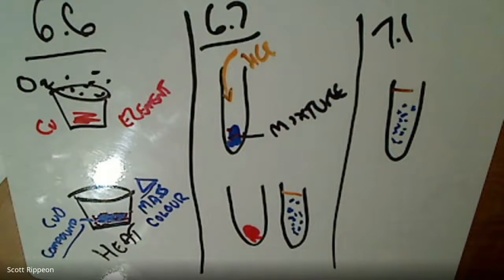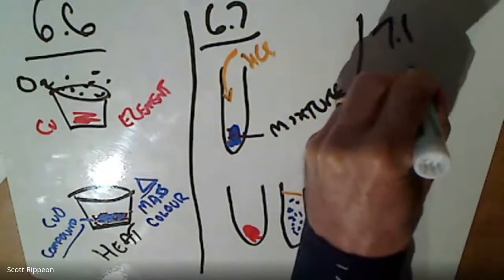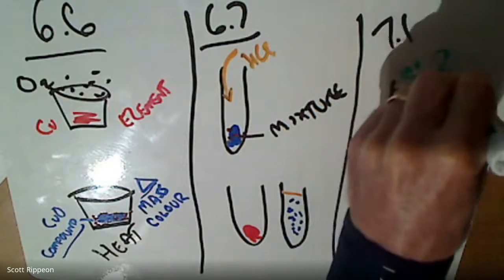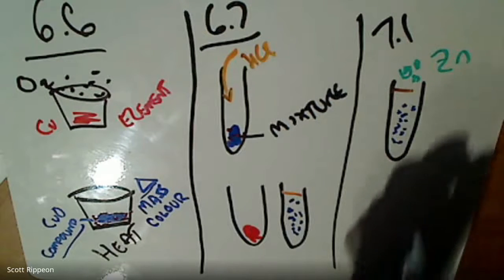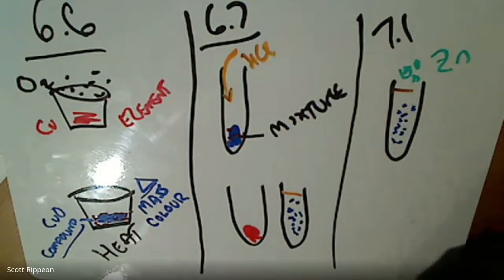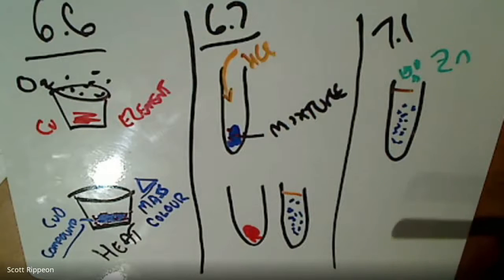And what we did was we added another element. All right, you memorized the symbol for the element, zinc. And we put the zinc into there, and we saw chemistry going on. How did we know chemistry was going on? Because we had bubbles, we had a color change.